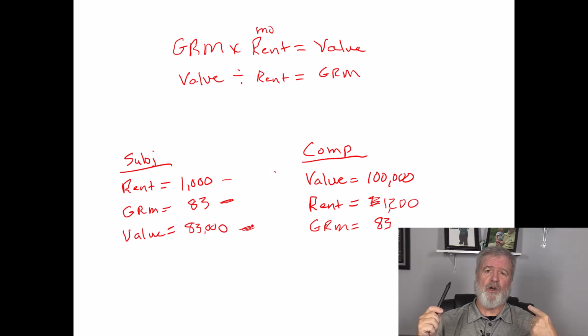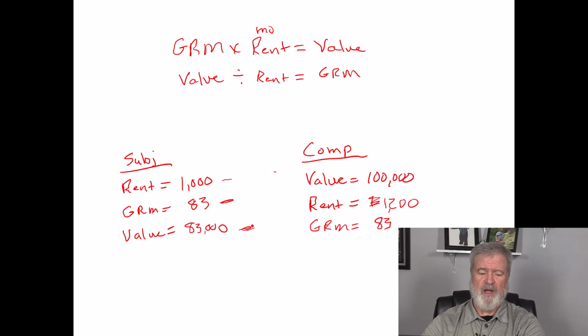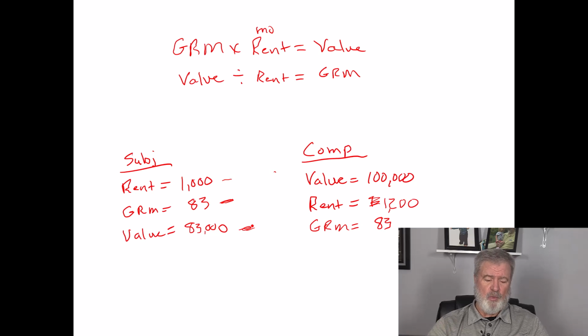Well, as an investor, I might tell you I'm looking for a property that will pay for itself in, say, 9 years. I'm just throwing out a number here, okay? But what does that mean? Well, if they want it paid for in 9 years, how many months are in 9 years?